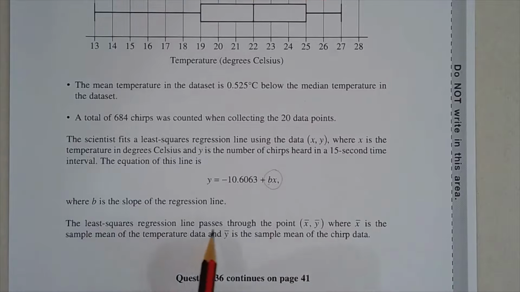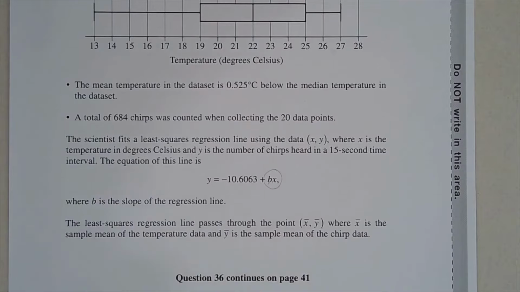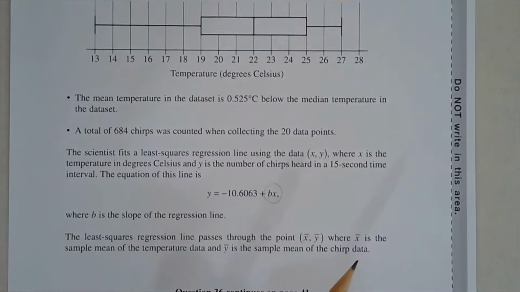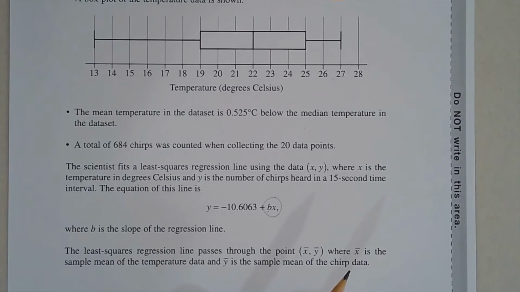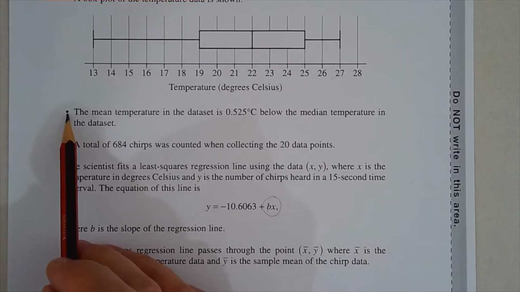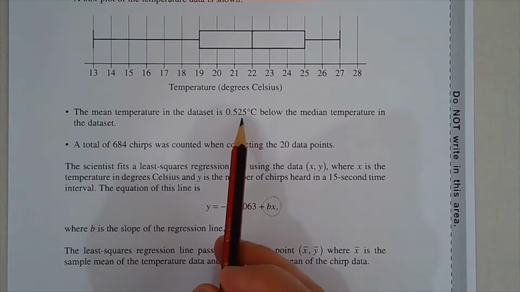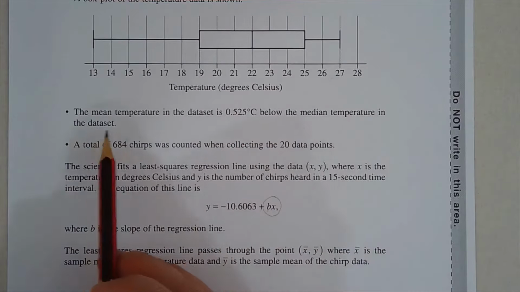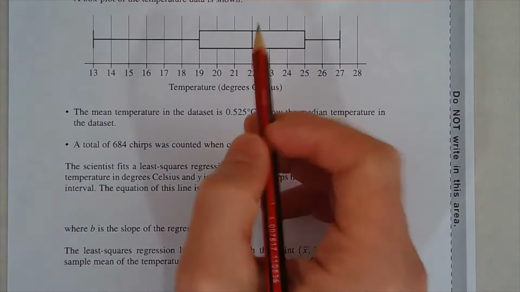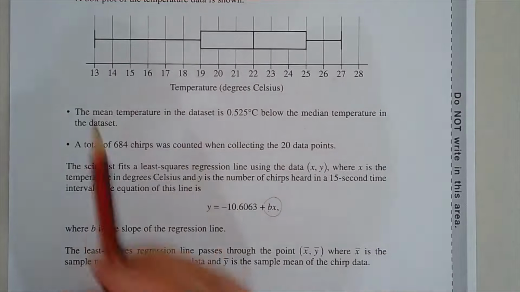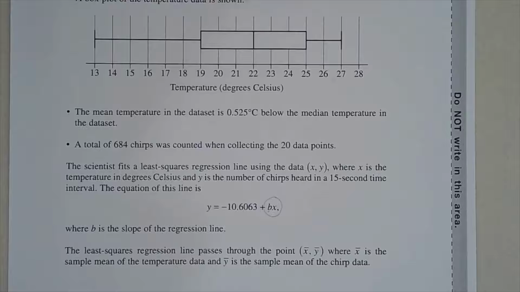Now, x bar is the average temperature. Let's go to the box and whisker plot. The second point is that the mean temperature in the data set is 0.525 degrees Celsius below the median temperature. So let's see what the median temperature is there. It's 22. It's important that you understand how to read a box and whisker plot and know where the median is.